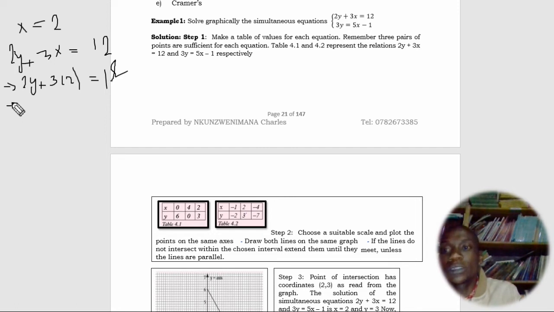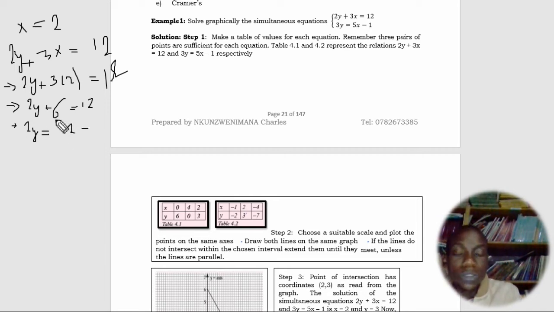And this implies 2y plus 3 times 2 equals 6, which is equal to 12. This implies 2y equal 12 minus 6. 6 should be moved from the left side, then it become minus 6.